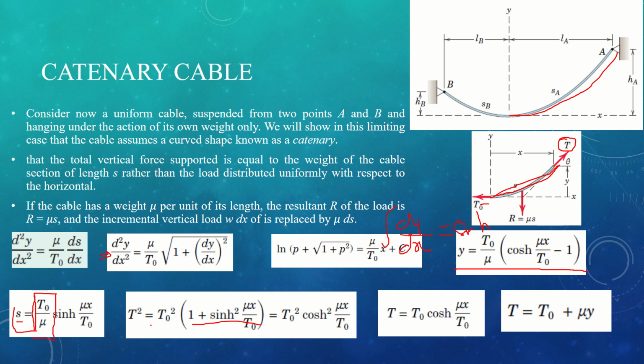As a result, you will get this function, and from there you can simplify, as you all know the identity: sine square plus cos square, or sine hyperbolic squared plus cos hyperbolic squared, each of them is equal to 1. And when you reconfigure this, this is the final shape of the value of tension you get. Simplifying it again, this is what you're going to get, the value of tension.